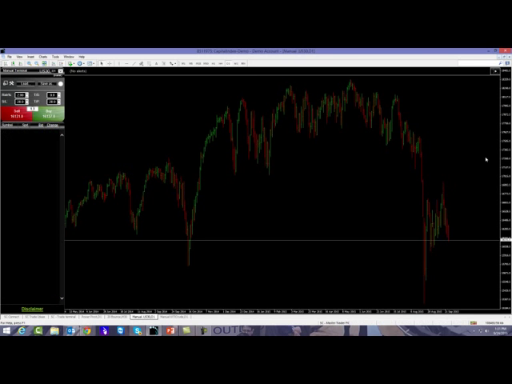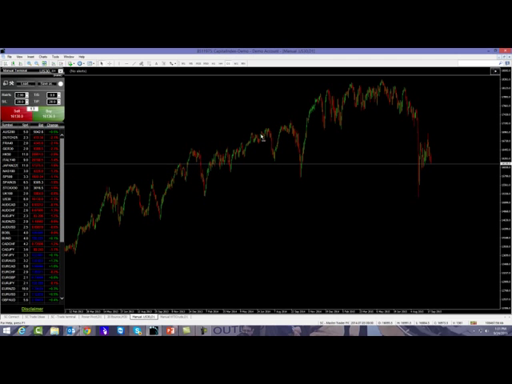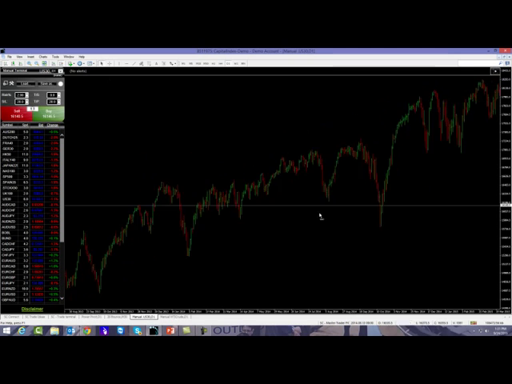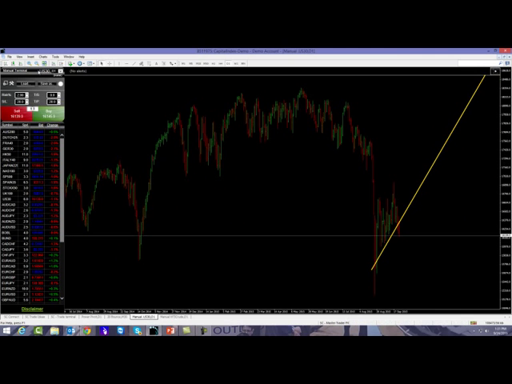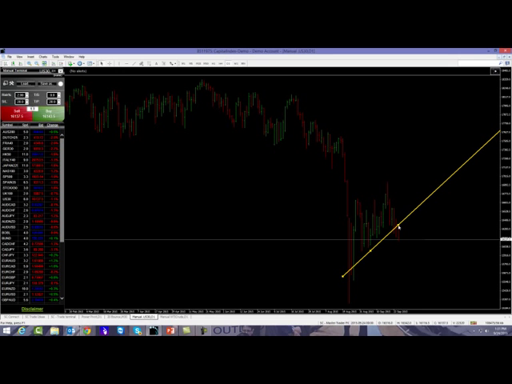We go into the Dow Jones US 30, which is the one that looks the most bearish of all. Okay, and that's what it is. It's right here. Okay, so that's the level that has been broken again, so it's becoming more bearish.